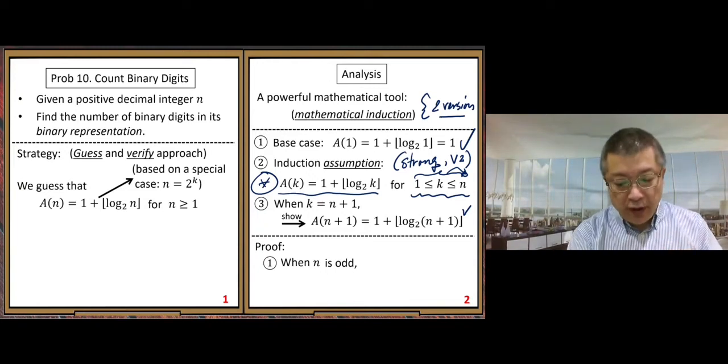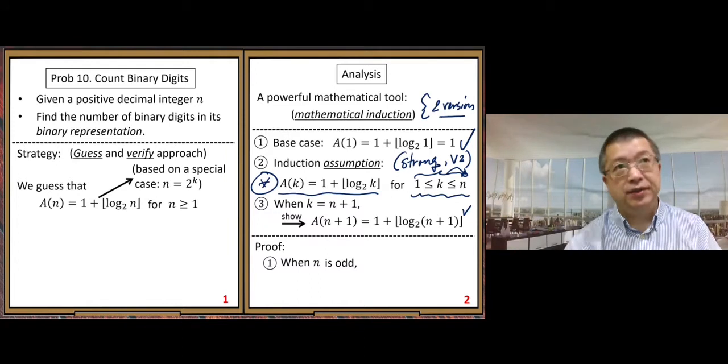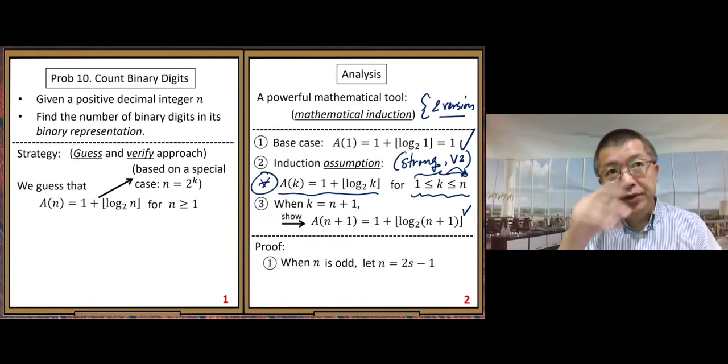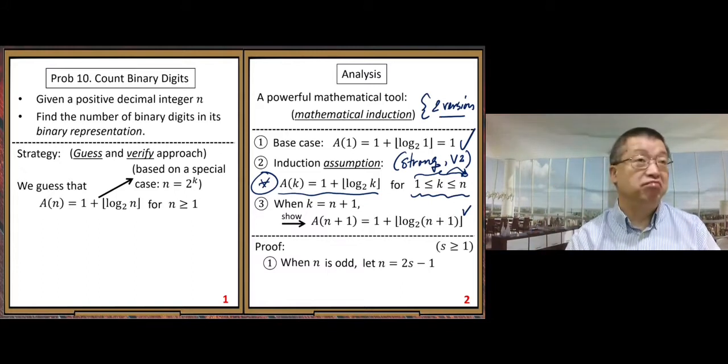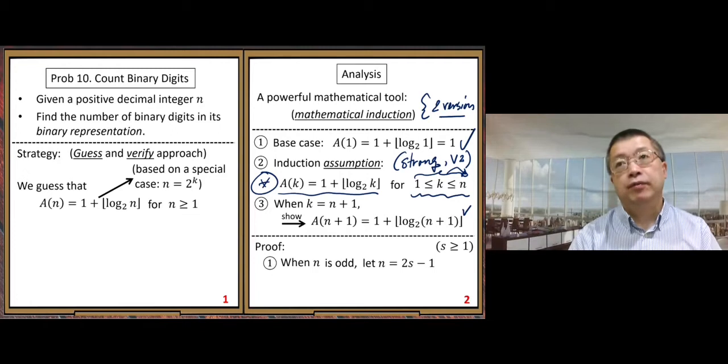The first one, when n is odd. When n is odd, n equals 2s minus 1, one way to represent an odd number, with s greater than or equal to 1, because we feel it's convenient. You may ask why we do not use 2s plus 1.